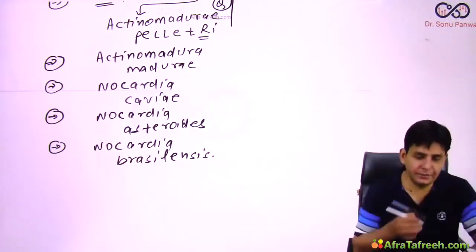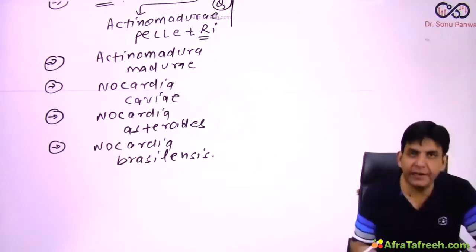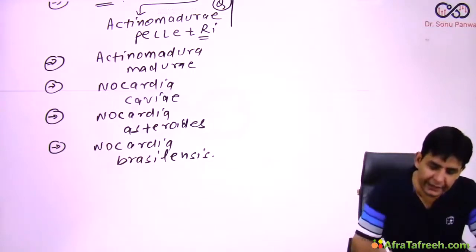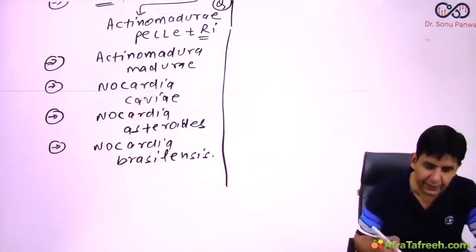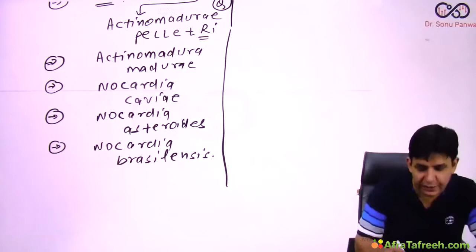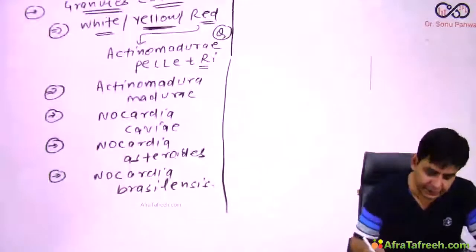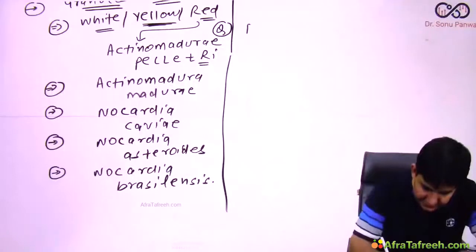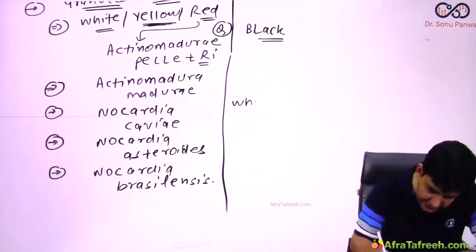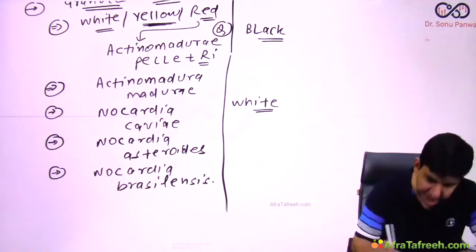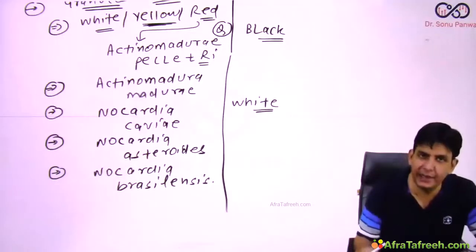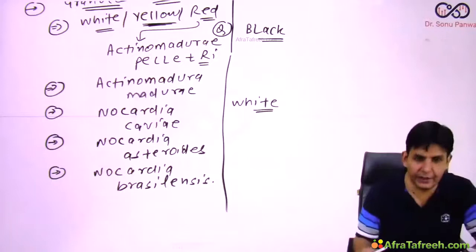These all are there in which you can find yellow or white color granules. To be more specific, just remember Actinomadura pelletieri has the red color granule, whereas on this side it is black colored as well as white colored. On this particular side, it is either black or white.